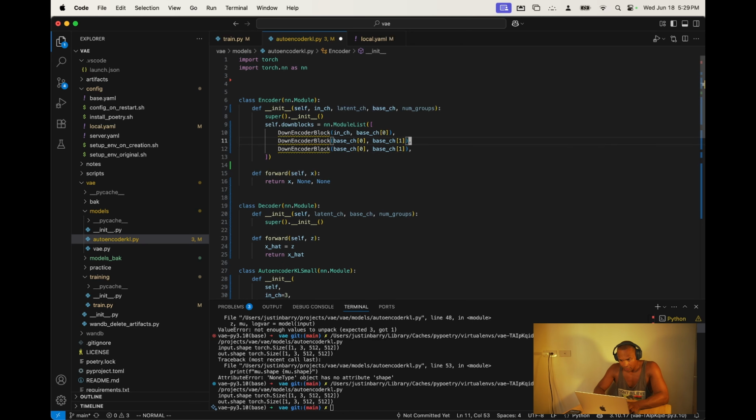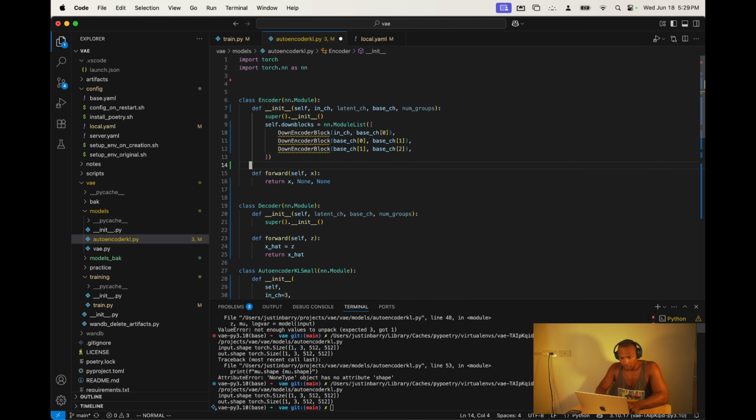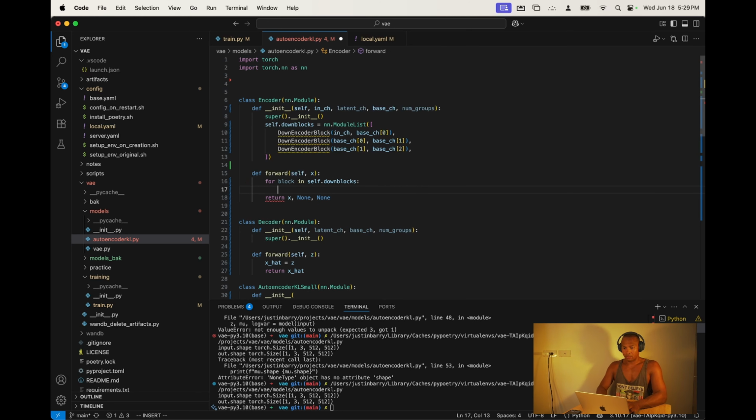So it's going to go from 3 to 128, 128, 256, 256 to 512. It's going to downsample the image and keep growing the feature channels.